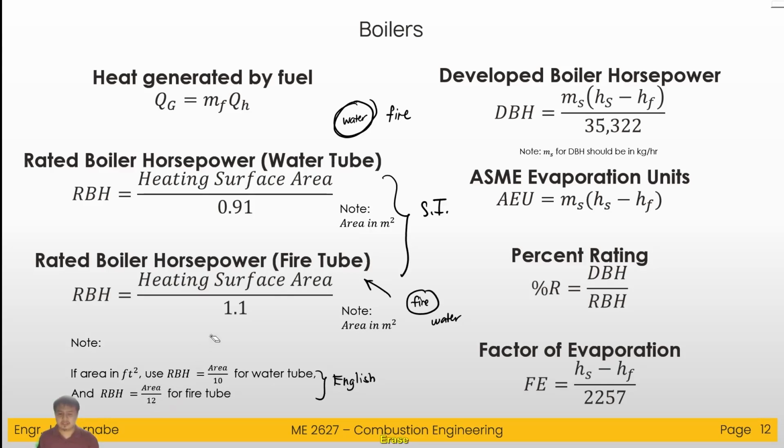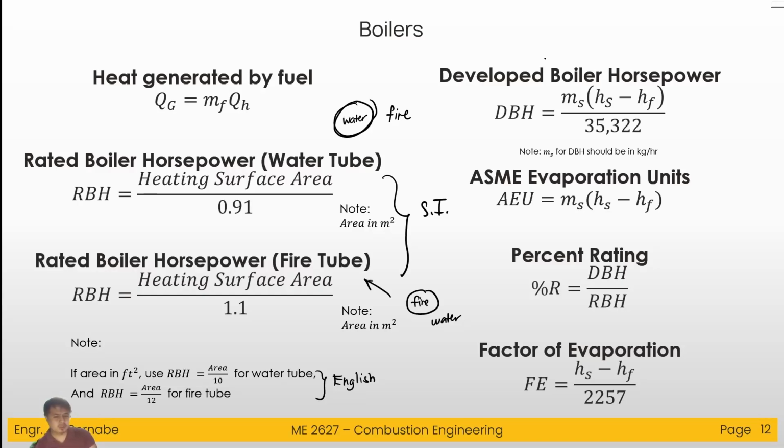Moving on, we have the developed boiler horsepower. Historically, a lot of engineers devised a way to compare steam engines from one another. We already know the mechanical horsepower, which is 0.746 kilowatt for 1 HP. But in boilers, it is different; it is not 746.